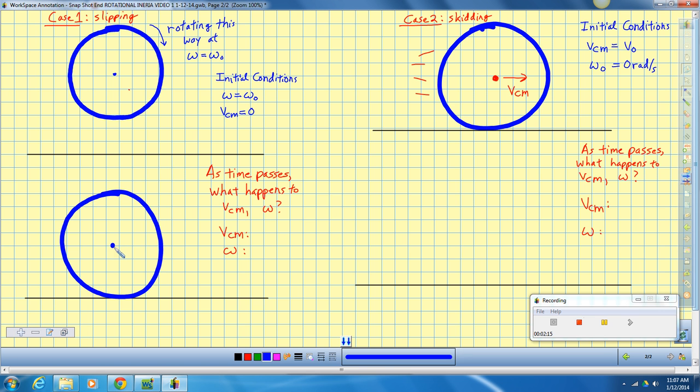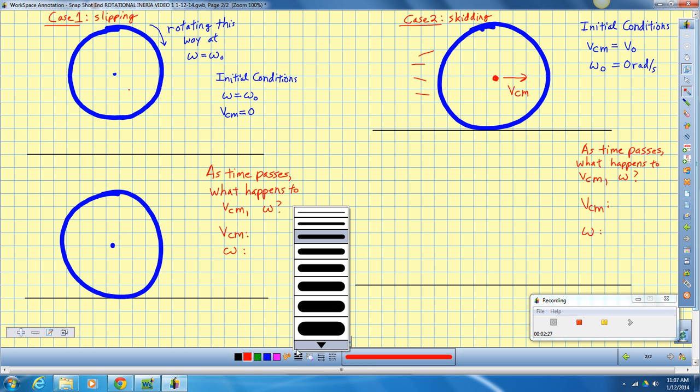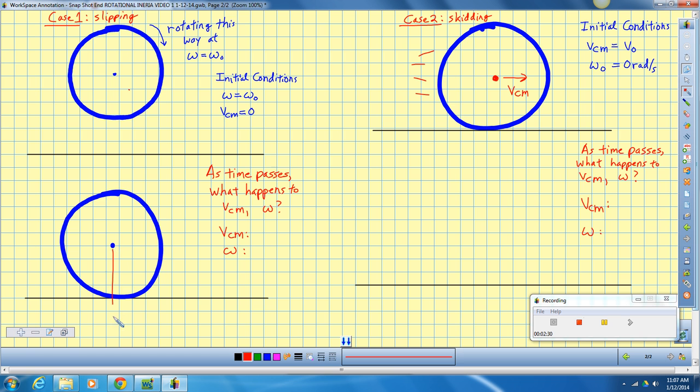Okay, so as this thing comes in contact with the ground, what forces are acting on it? Well, you still always have gravity. You would have some normal force coming up from the ground.